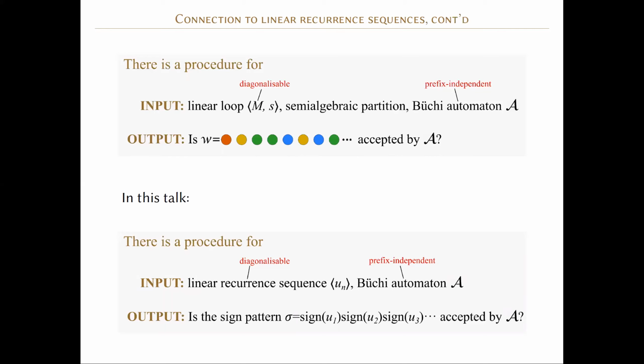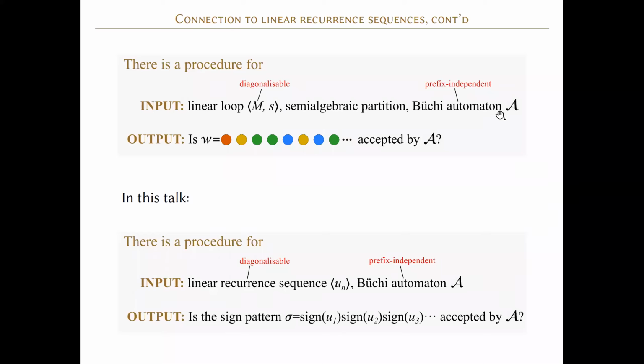Given a linear recurrence sequence un and a Büchi automaton A, whose edges are labeled with plus, 0, or minus, decide whether the sign pattern of this linear recurrence sequence is accepted by that automaton A. So the sign of U1, for example, is positive, 0, or negative, depending on the value of U1. And diagonalizable linear recurrence sequences, I'll explain what they mean, but they essentially correspond to diagonalizable linear loops.